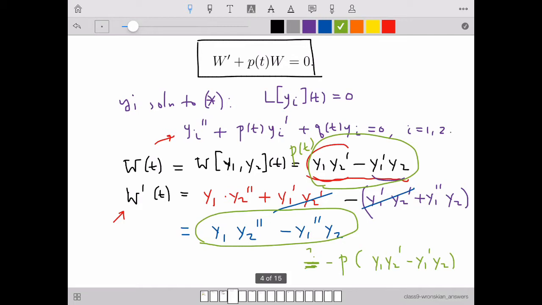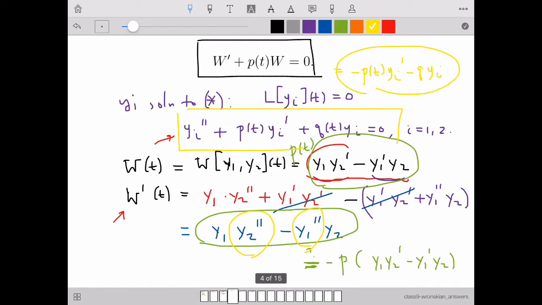Okay, well, each yi double prime, from star, is minus p of t yi prime minus q yi. So we'll plug this into here and there.